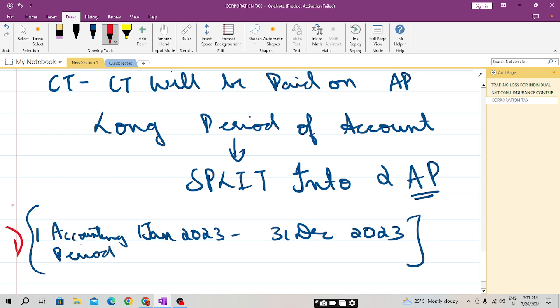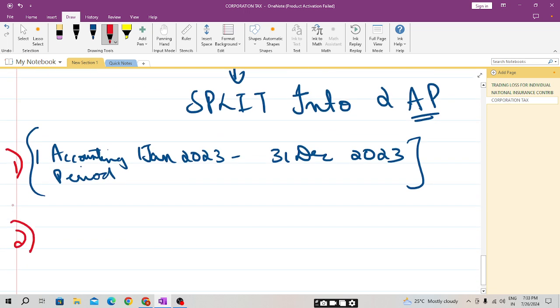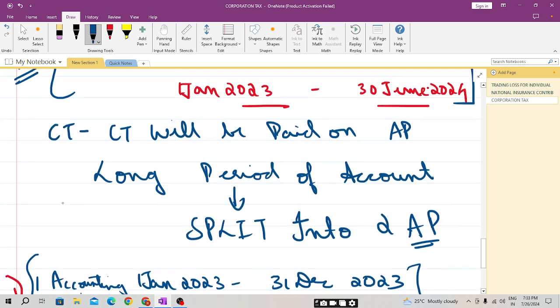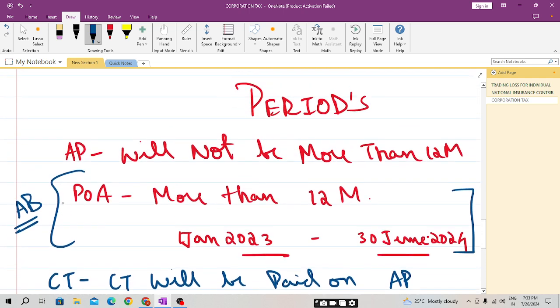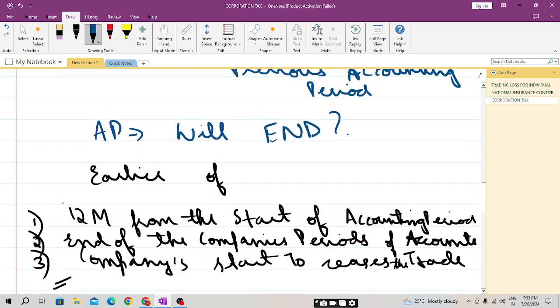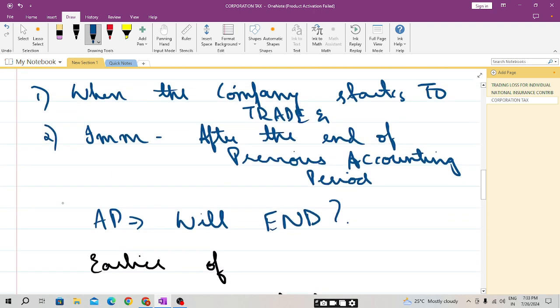And our second accounting period, students. An accounting period starts either when the company starts to trade or immediately after the end of the previous accounting period.